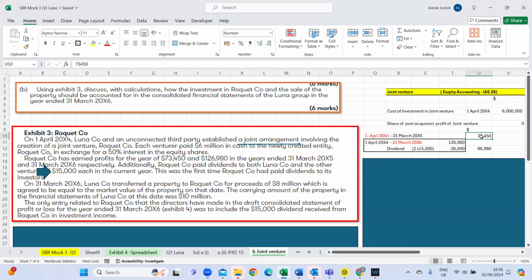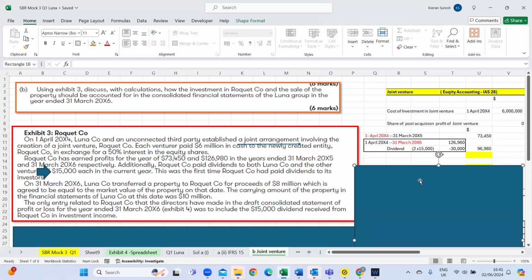Now, this was the profit they made in the first year. This was the profit they made the second year. So if you add these two figures together, that is your post-acquisition profit made by this joint venture company. Now, this is known as the increase in the net assets, or post-acquisition profit. I'll write both, right?